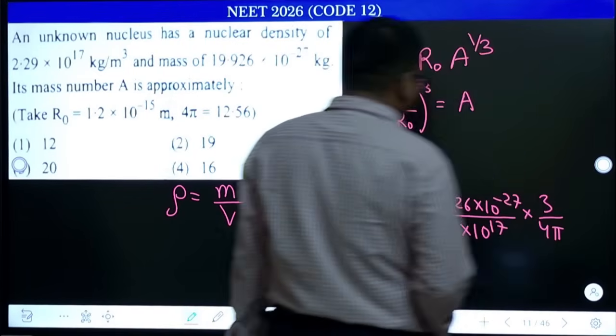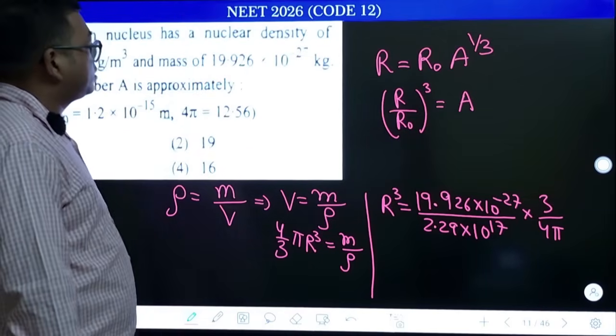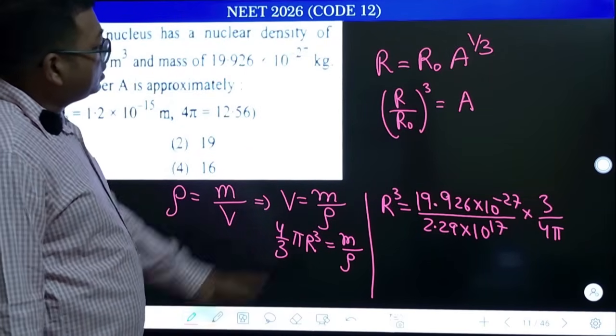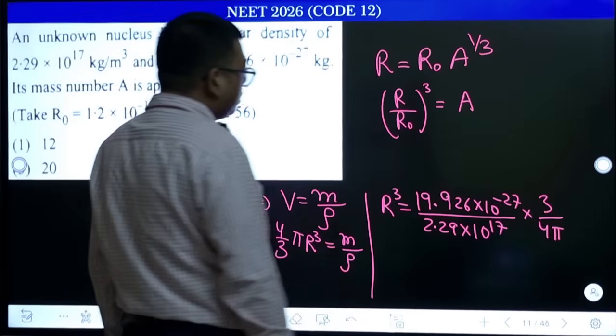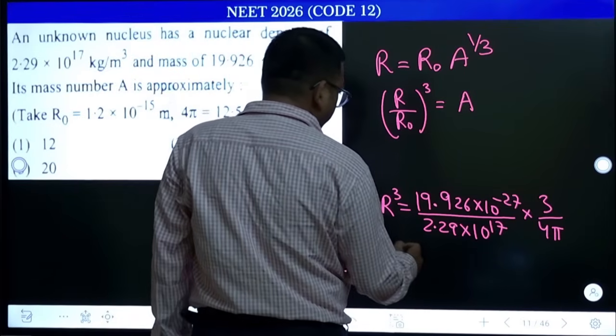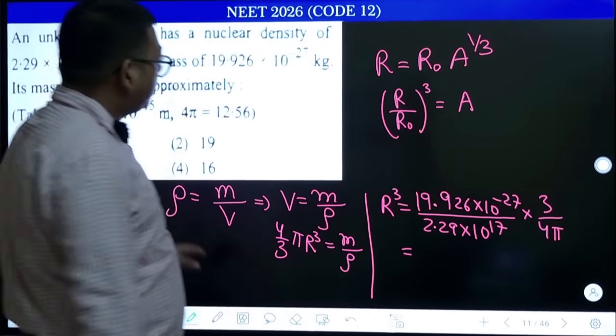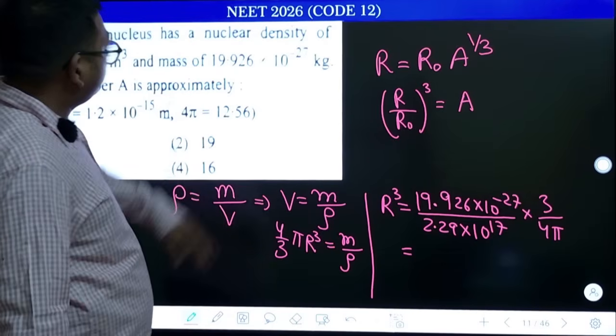This 4 pi, they are saying you take this, that means r cube we can calculate. So how much will it come? Let us calculate it. They are saying take 4 pi as 12.56.